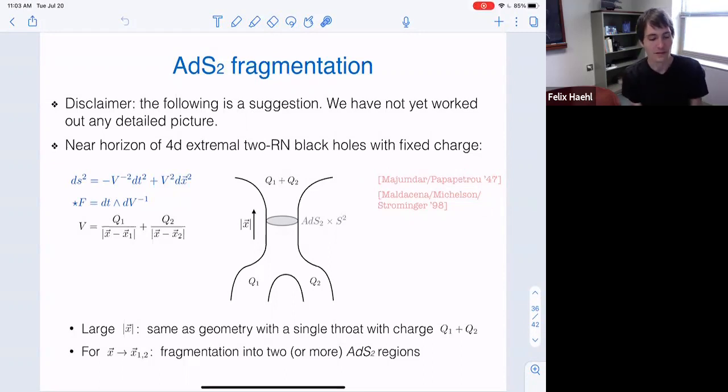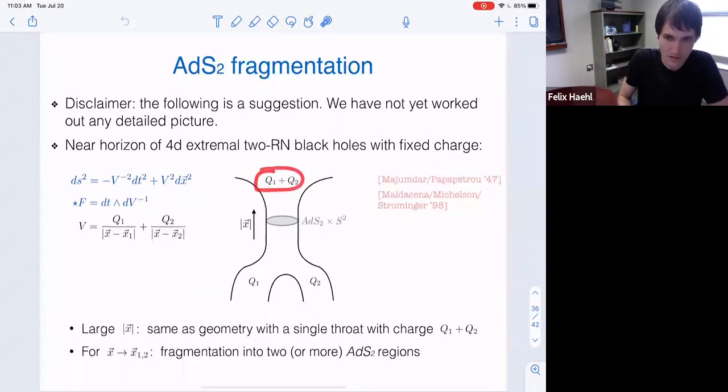You consider the most well-known way to get AdS2 in the first place, which is to consider extremal Reissner-Nordström black holes in 4D Einstein-Maxwell theory and consider the near horizon region. And what was discovered in these papers and other works is that you can consider the multiple Reissner-Nordström black hole solutions in 4D Einstein-Maxwell. And there are different solutions which from far away look the same as far as the total charge is concerned.